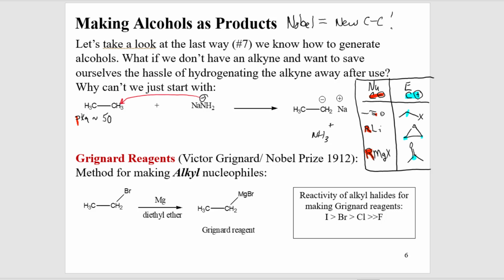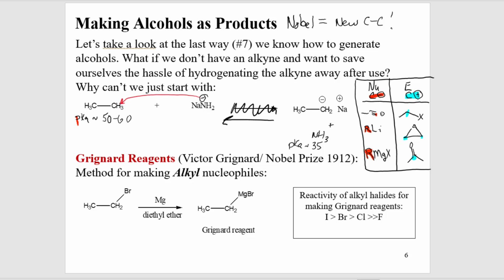So the acid on the left is like 50 to 60, and the acid on the right, pKa of NH3, is like, I don't know, 35. There is a 15 to 20 pKa difference between these two. So is the arrow going to go towards the weaker acid? Well, it sure is, and it's not in this direction. It's largely, irreversibly in that direction. Means it stays at the starting materials.